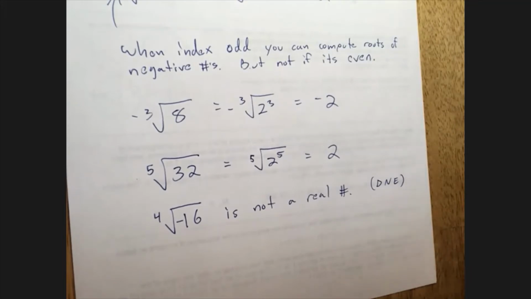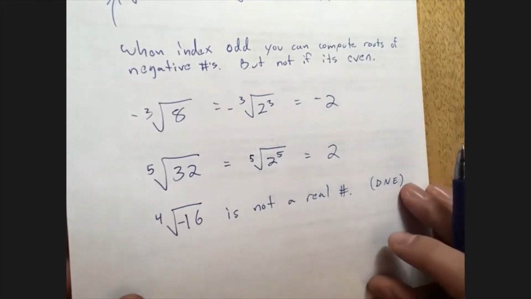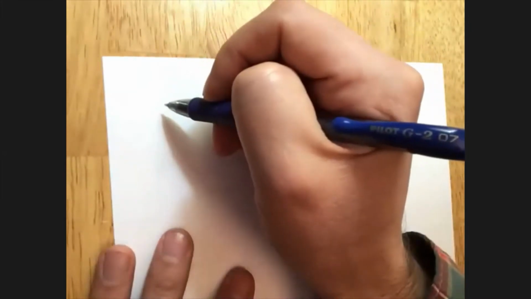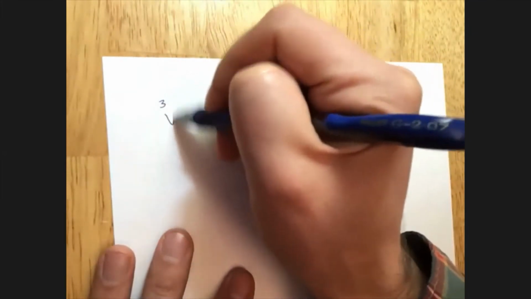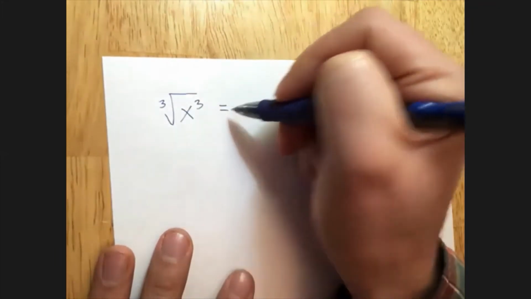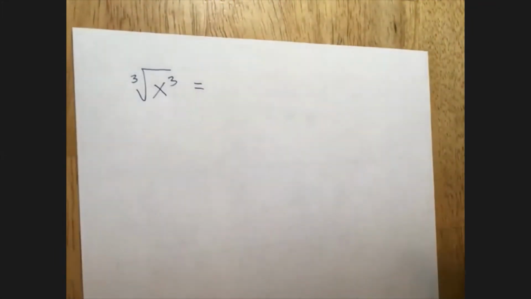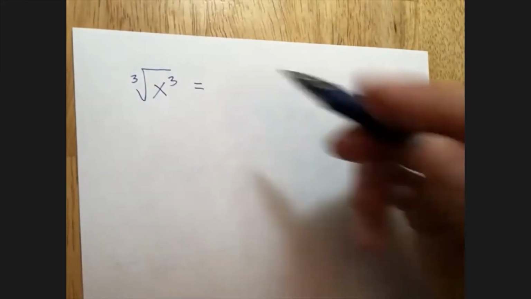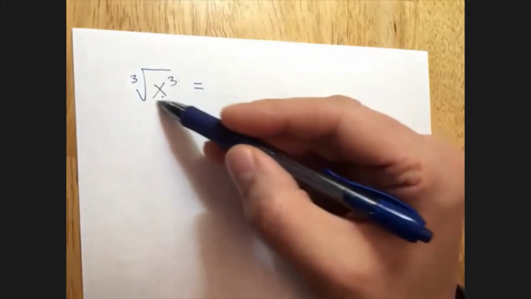Okay, what about when we have variables? Variables are next. So if I took the cubed root of x cubed, what do I get? Well, here I'm looking for a number that when cubed gives me x cubed.